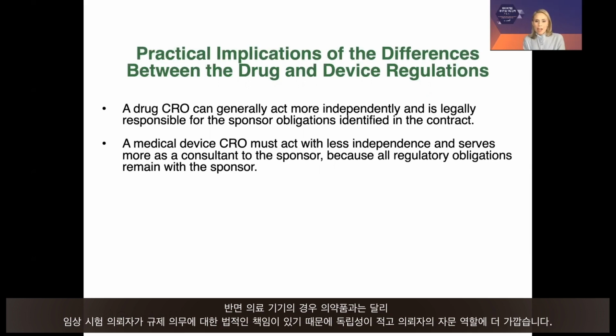Whereas in the device context, a medical device CRO has to act with less independence and serves really more as a consultant to the sponsor because regulatory obligations legally remain with the sponsor, which, as I mentioned, is different from what occurs in the drug context.